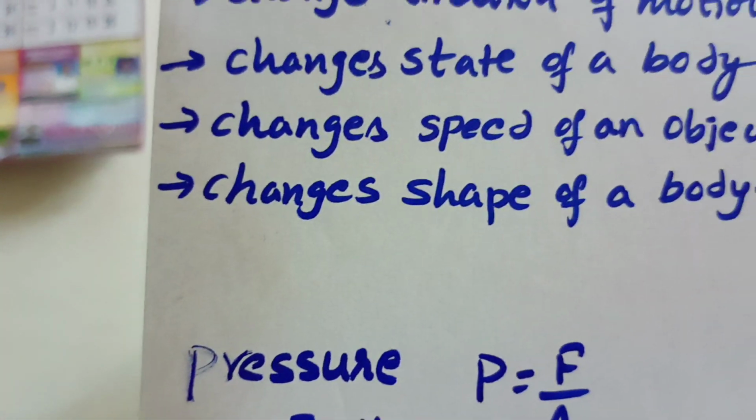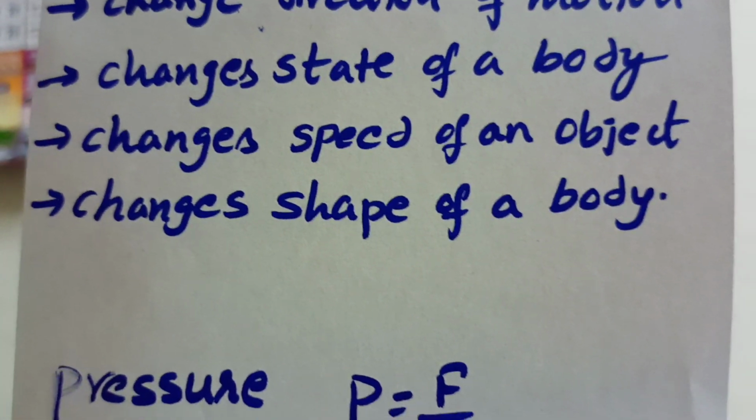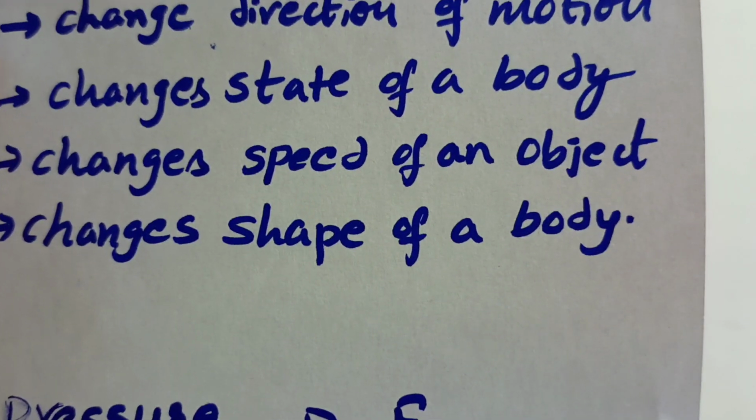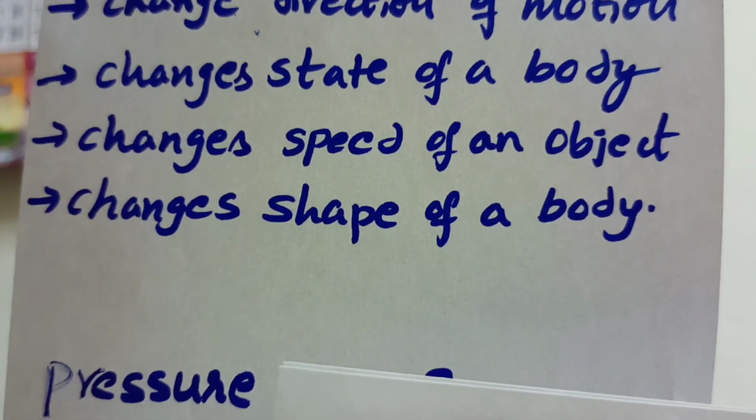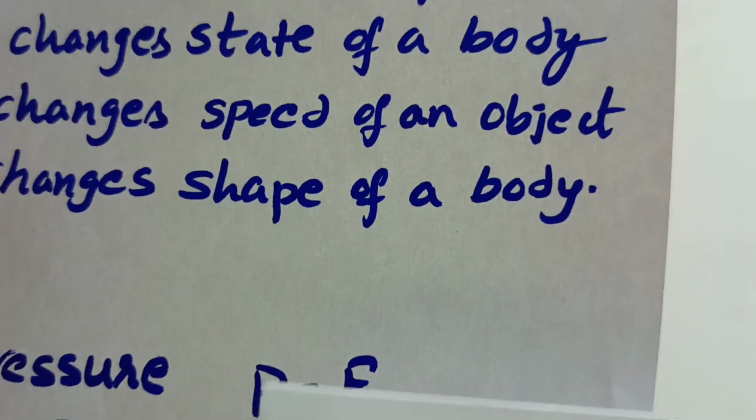Third one is change of speed of an object. In the previous class, we observed a car moving on a road.